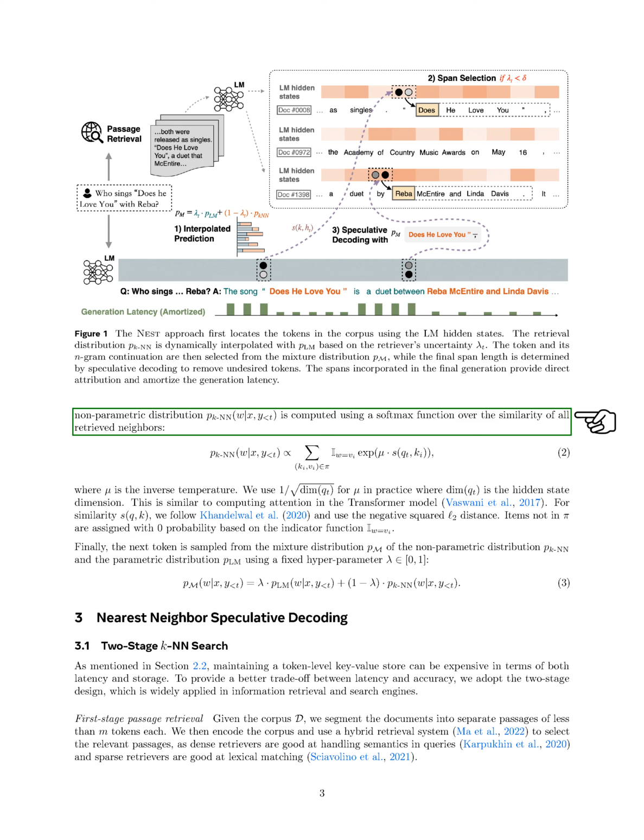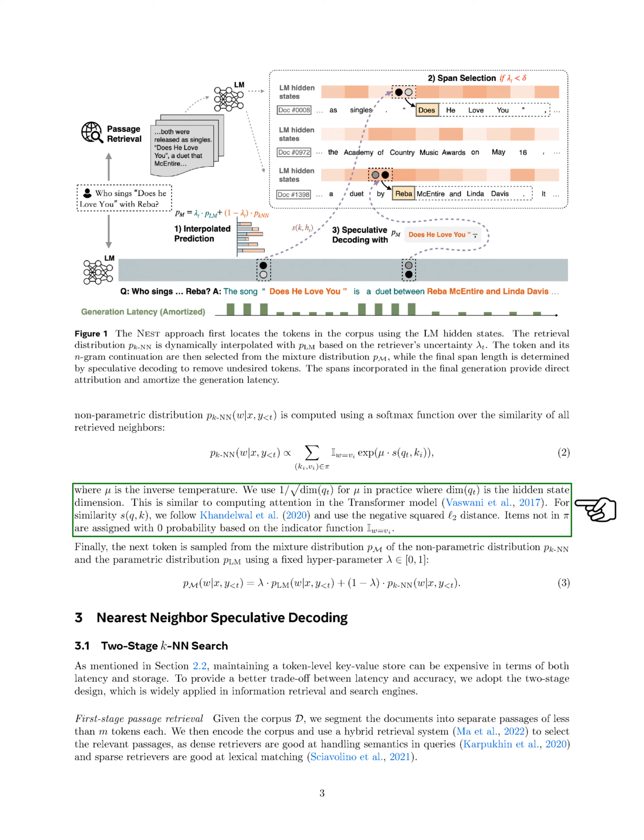We introduce an inverse temperature parameter to adjust the distribution. We use this parameter practically, where the dimension of the hidden state is considered. This process is akin to how attention is computed in the transformer model. For measuring similarity, we use the negative squared distance metric. Tokens that are not found in the retrieved neighbors are given a probability of 0 based on an indicator function.